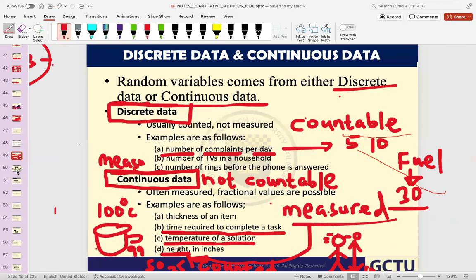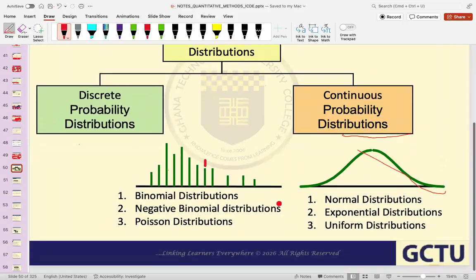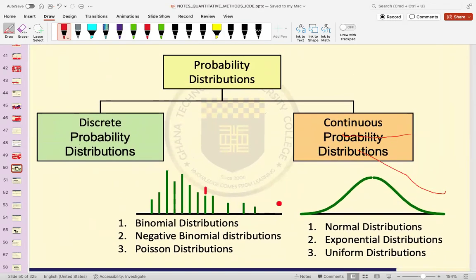And these are the two kinds of data that we can get from our random experiments. If you want to look at it in picture form, this is how they look. When we say you have a discrete data, which is countable, this is an example, because you can count them individually.